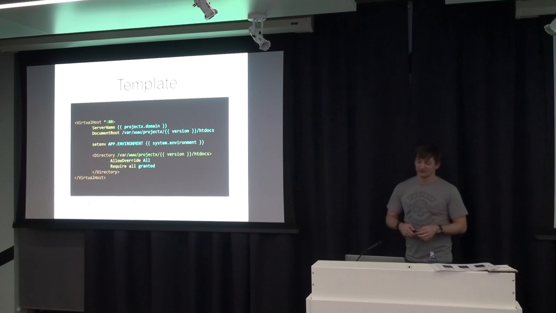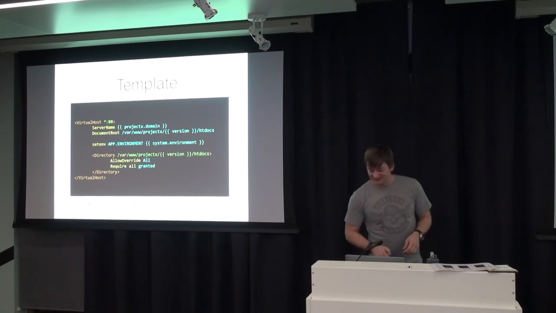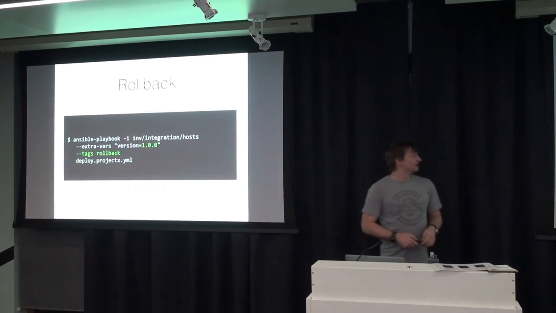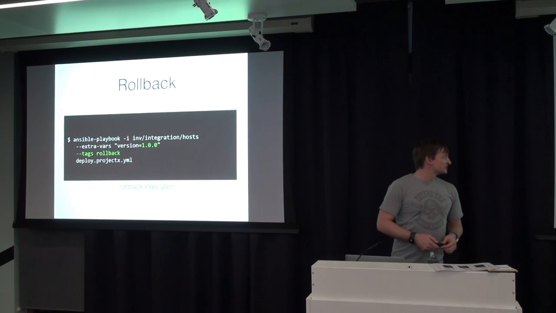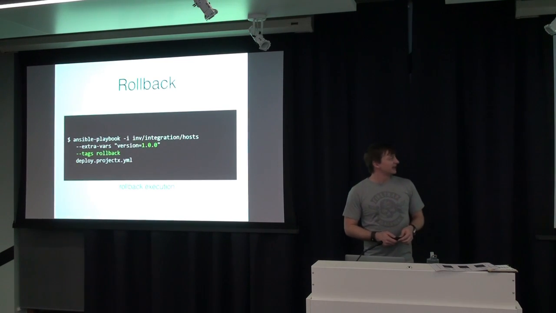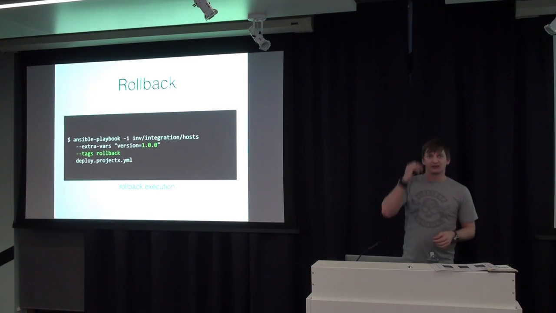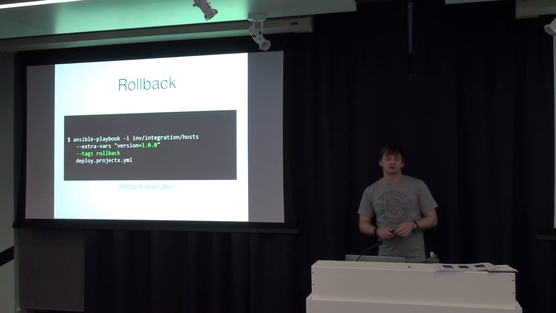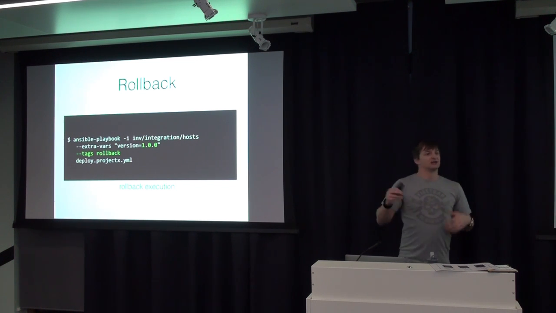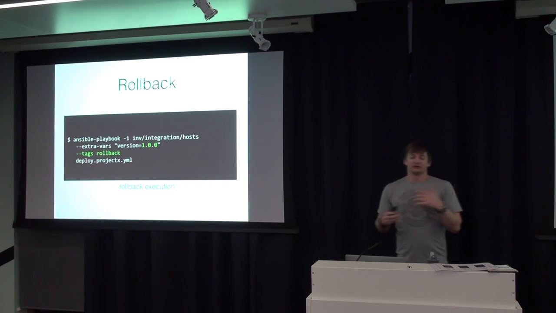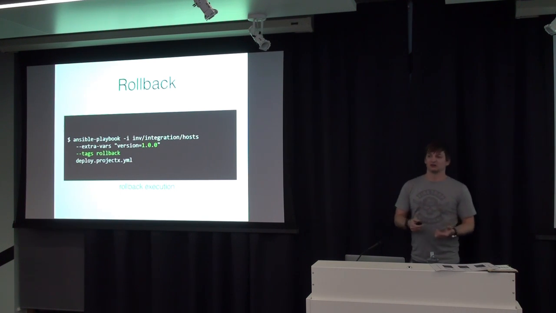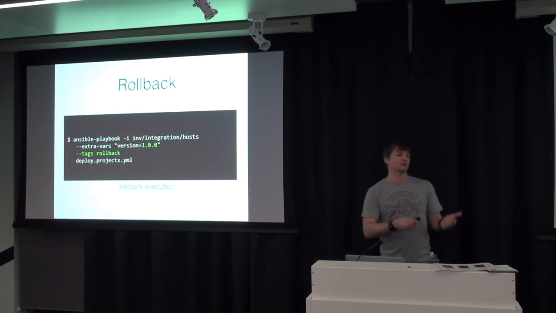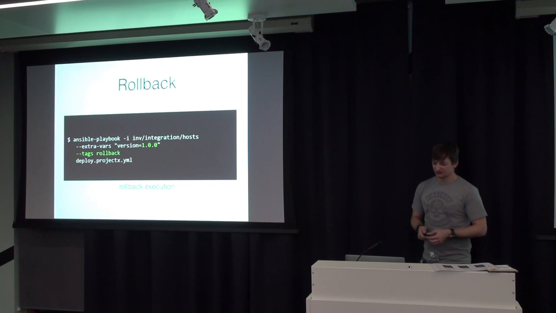We just ignore the case where it isn't there, and we call Ansible just with the tag rollback, and we say we want to deploy version 1.0.0, and it only executes the task where it changes the vhost configuration and restarts the Apache. So we are immediately back up with our old application version.